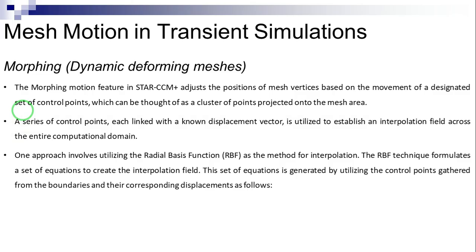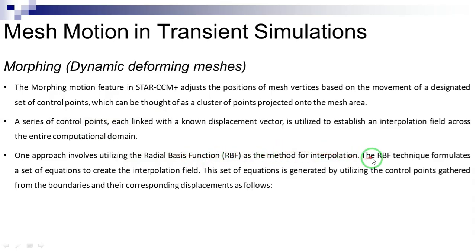To achieve this, a series of control points, each linked with a known displacement vector, is utilized to establish an interpolation field across the entire computational domain. This interpolation field is subsequently employed to represent the motion of the morpher, facilitating the movement of the mesh vertices to their updated positions. One approach involves utilizing the radial basis function, RBF, as the method for interpolation.